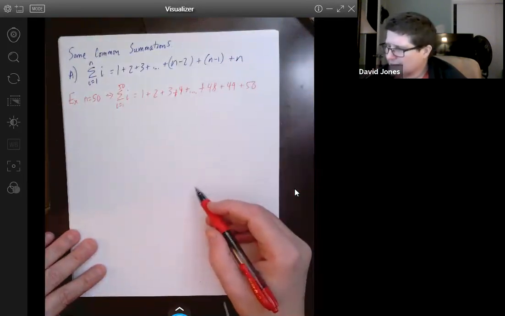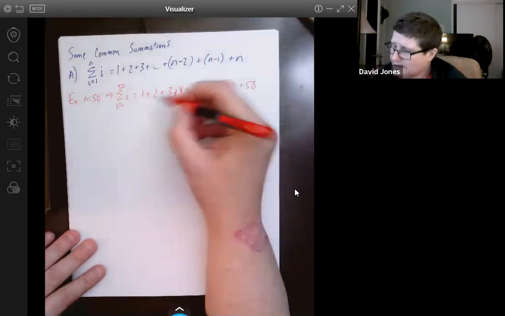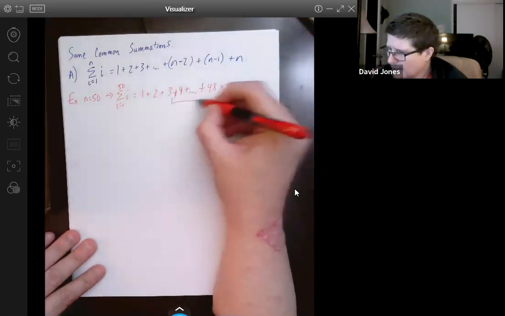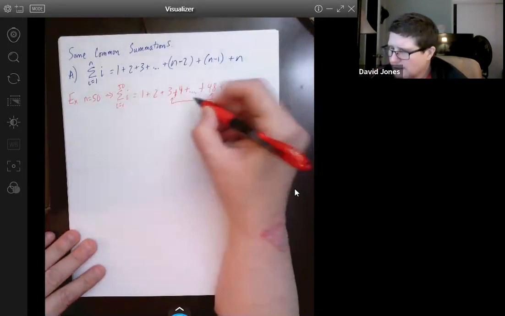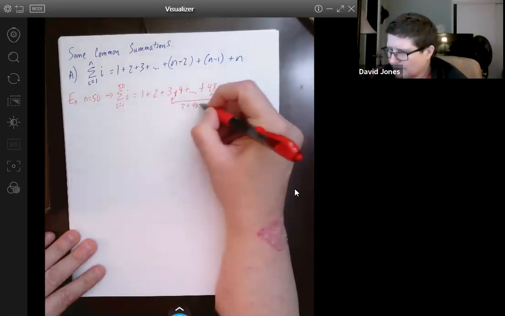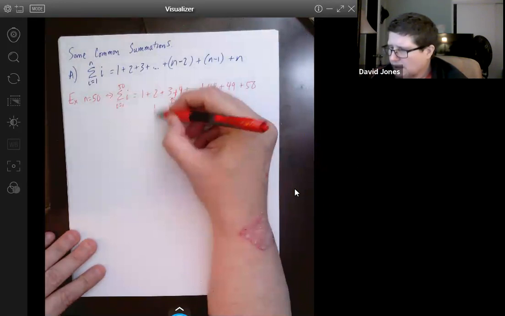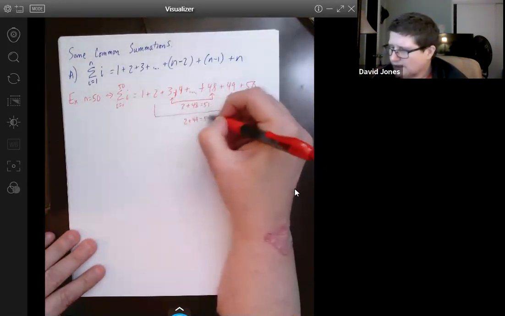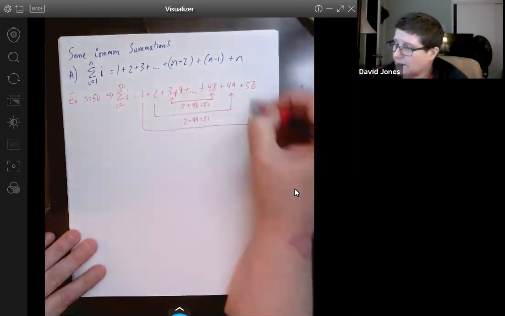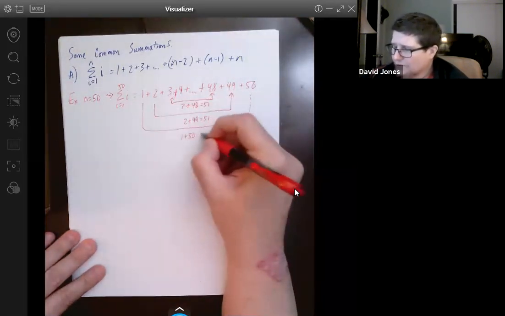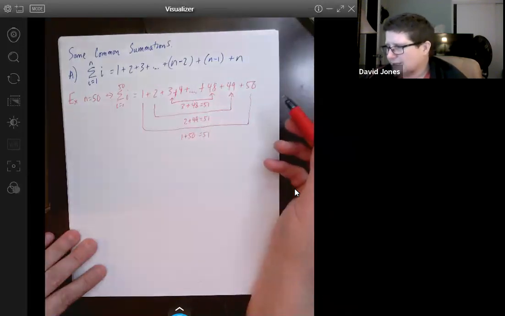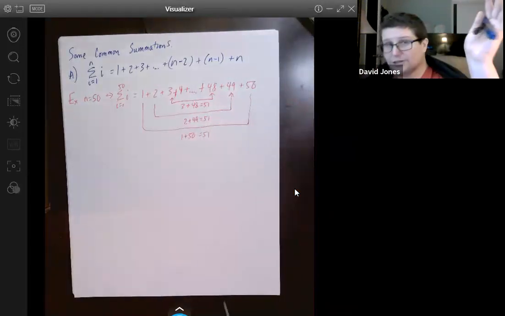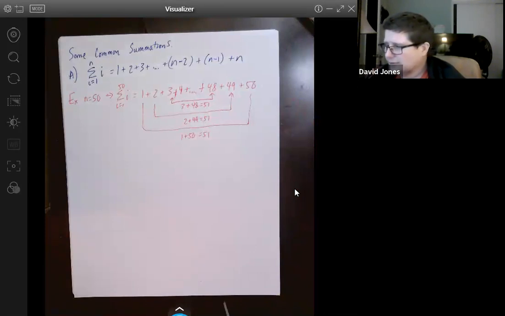Now, I could add all these up, but notice if I add up 3 and 48, 3 plus 48 equals 51. 2 plus 49 equals 51. 1 plus 50 equals 51. So if I keep adding up the outer terms and go inwards, all these sums add to 51.